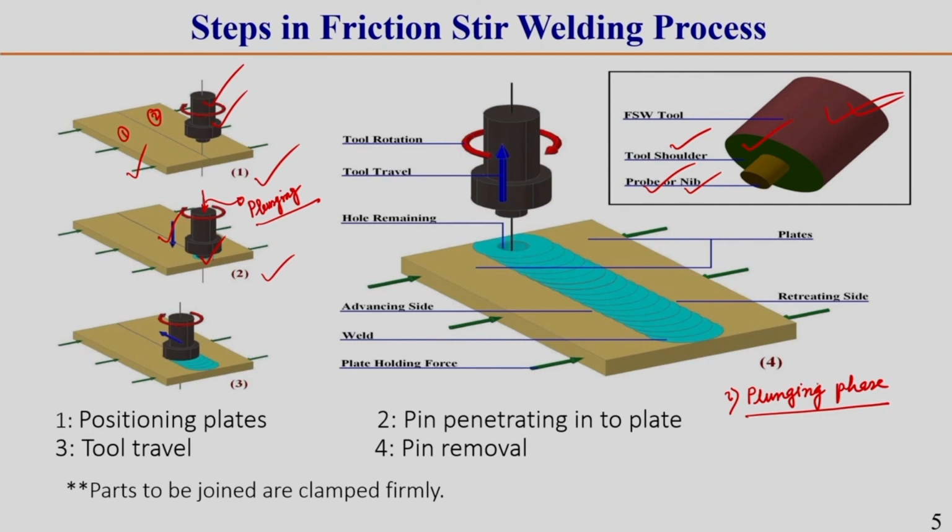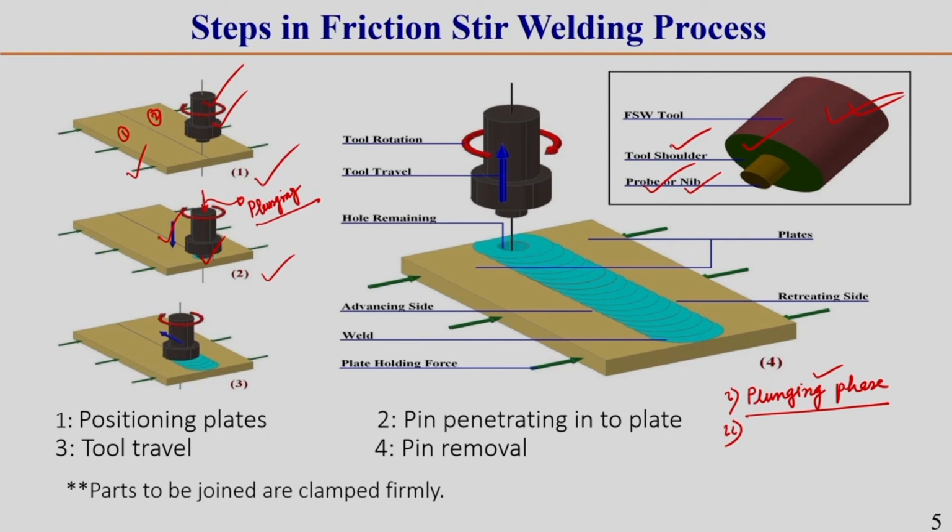At the end of this plunging time, you should be sure that the tool shoulder surface and workpiece touch firmly. Once the shoulder surface touches the workpiece, we have to keep rotating this tool at that particular location for some time to further heat that region and make the material softer.